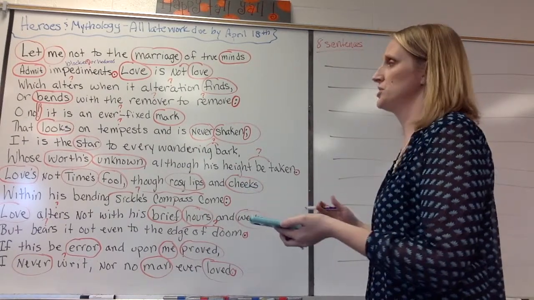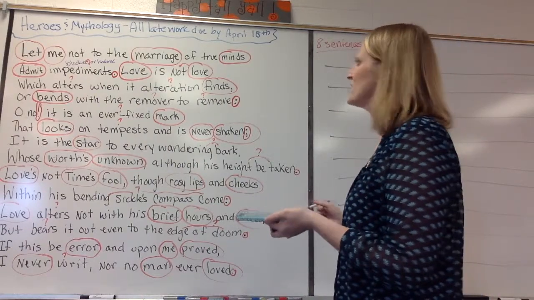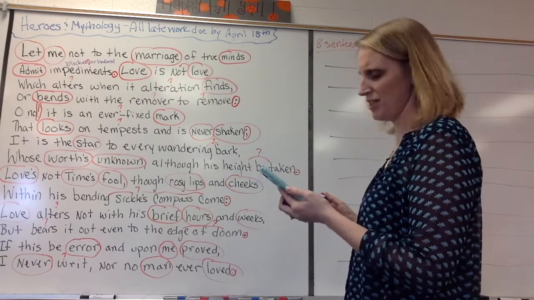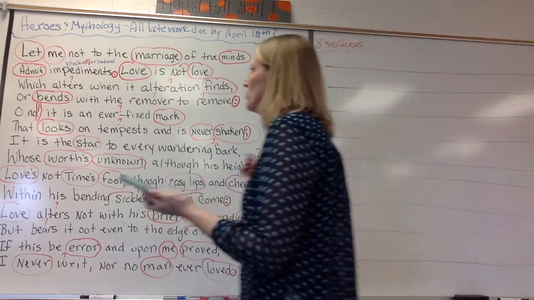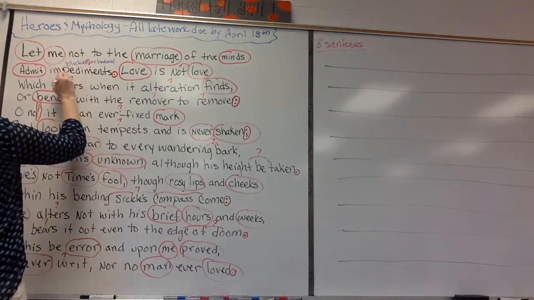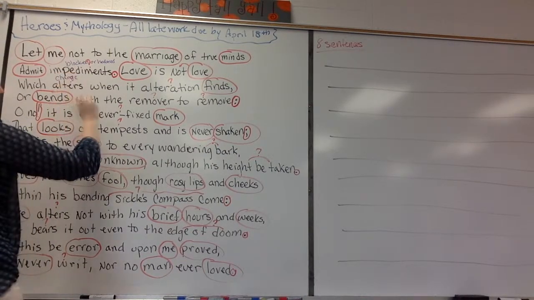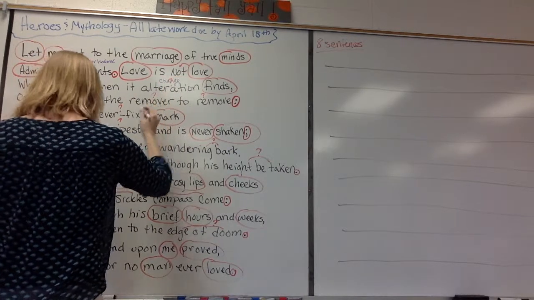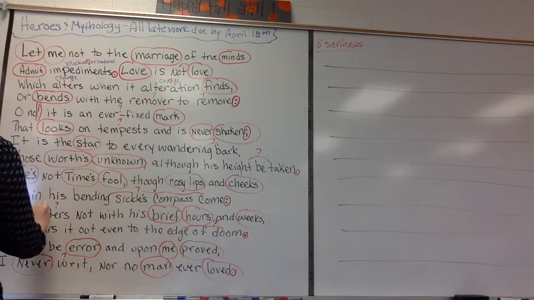Okay, so I have two definitions here. So love is not love, which a place in a church? No, that's not going to be it. It's got to be the first one, to change. So alter means change. And then alteration, again, is going to be some sort of change. And I'm going to come down here because I had it a third time, and I'm going to write it here.